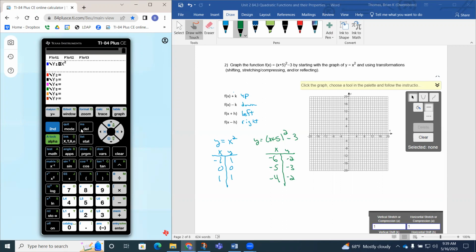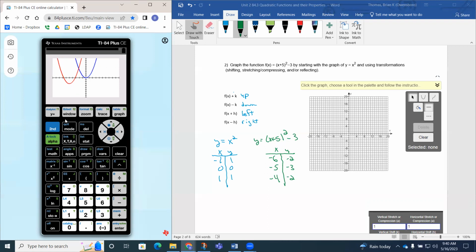Now, if I go back to y equals and graph the second function, the one with the transformations in it, x plus 5 squared minus 3, it should move left and down. Notice how, here's my parent function, it did go 1, 2, 3, 4, 5 left, and down 3 with respect to that vertex point.